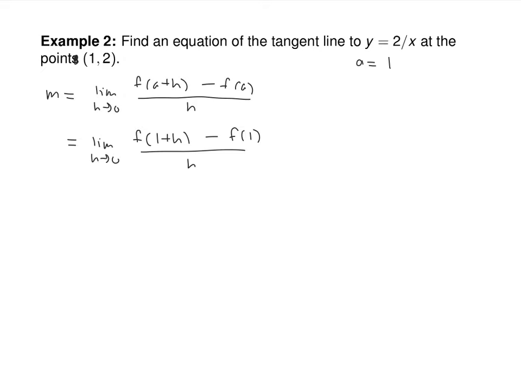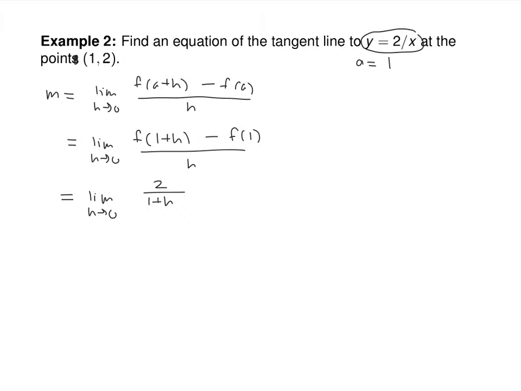All right. What is f of 1 plus h going to be? 2 over 1 plus h. Very good. Because you plug 1 plus h into f, right? I didn't write it as f, I wrote it as y, but it's the same thing, right? Do you buy that?